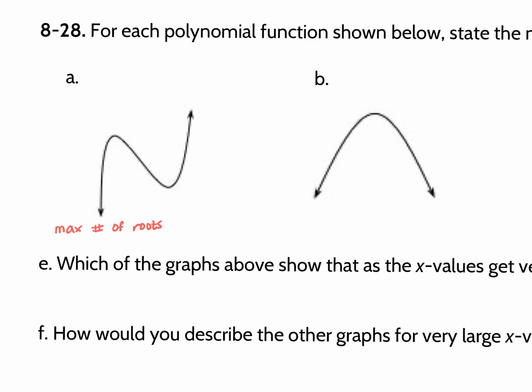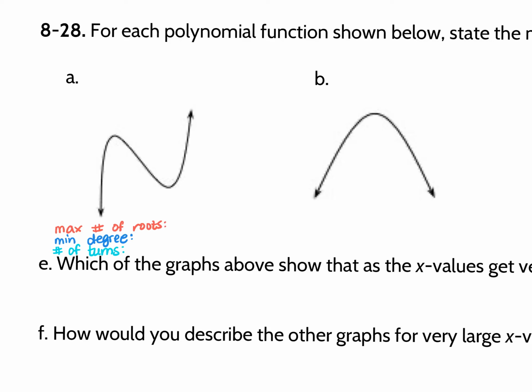The second question is then, what's the minimum degree? And then the third question is going to be, the number of turns that you're seeing? Okay, so 3 things: maximum number of roots, minimum degree, and number of turns.